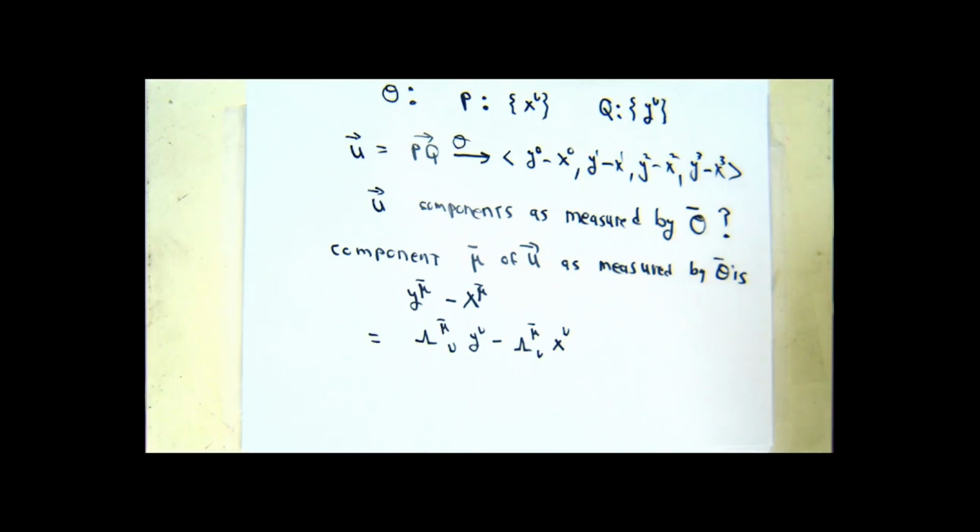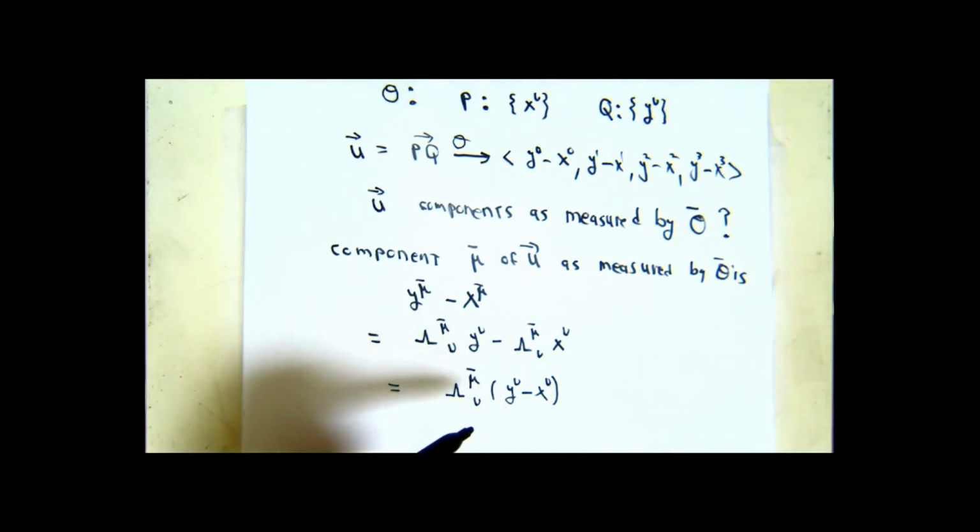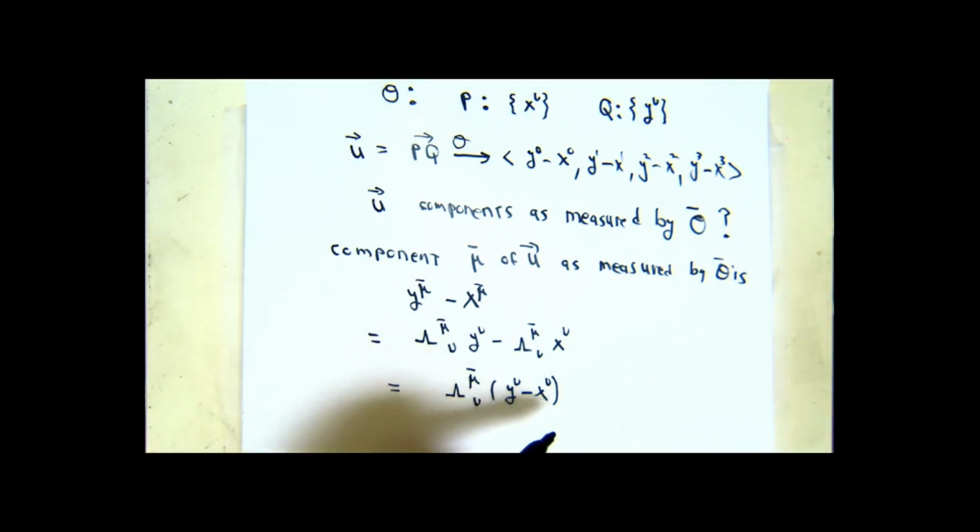In both of those terms, there's a sum, the sum over nu. I could think of writing that out, combining the two sums into one, and then expressing it using the summation convention again. Component number mu bar of vector u is lambda mu bar nu, don't forget the summation convention, y nu minus x nu.